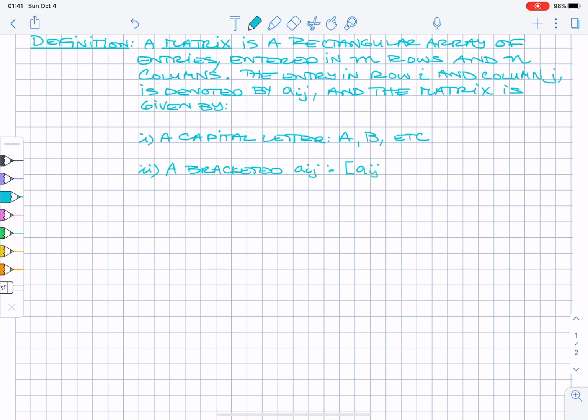A sub ij would be how we would annotate the matrix.